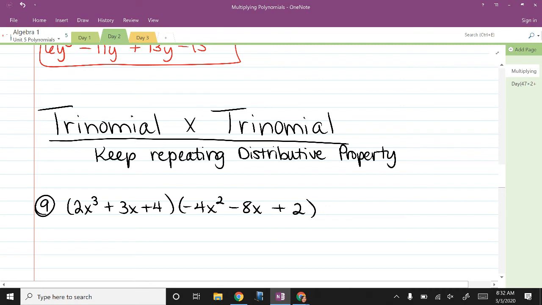Okay, so y'all copy down these two trinomials. And it says to just keep on repeating the distributive property. This is the hardest it's going to get.